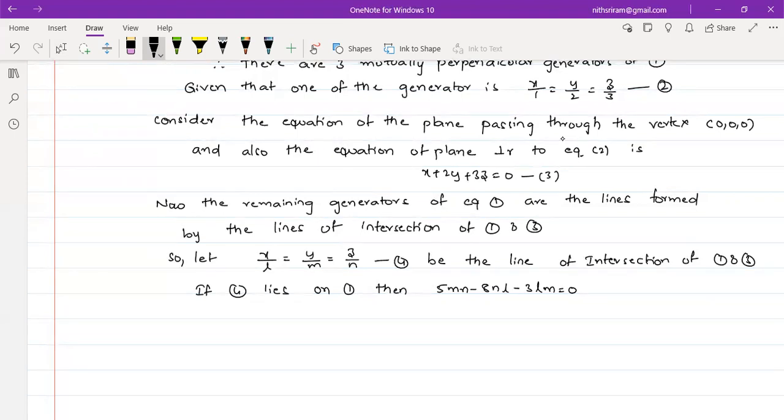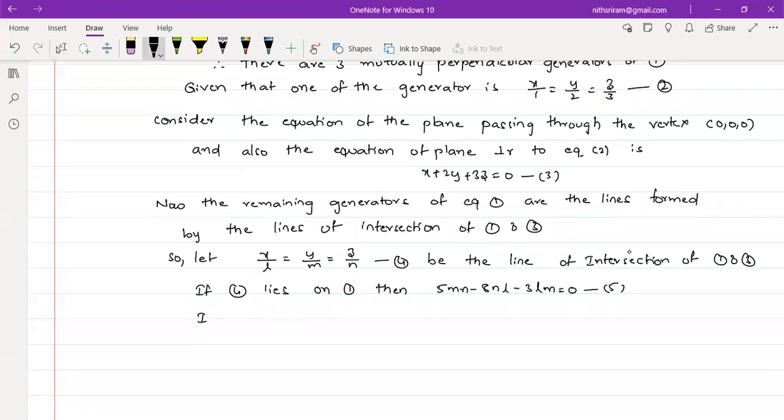I have just substituted the values of x, y, z in equation 1. Right, we get this equation and we treat this as 5.